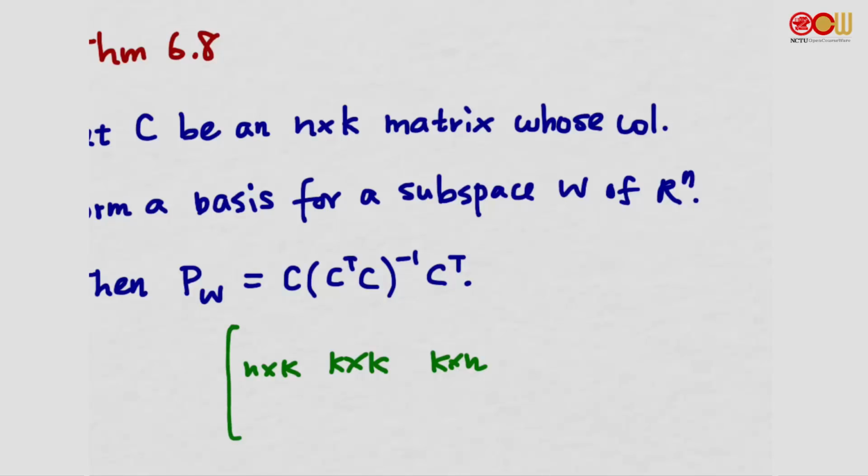C is M by K, a narrow, tall matrix, and C transpose C inverse is a square matrix, and C transpose is again K by M, so it's a wide matrix.